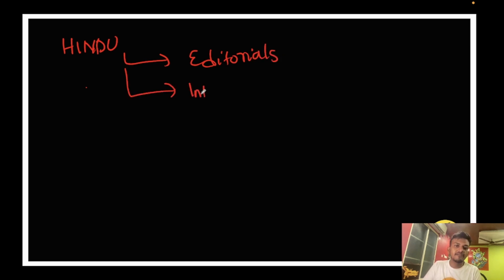Okay. So as we are talking about The Hindu, what should you read there? First, read the editorials. Second, read the international affairs page, the page where they talk about all the global affairs, what is going on around the world.